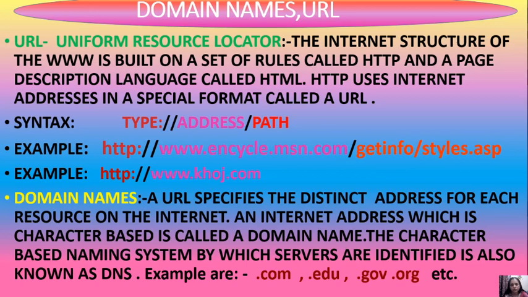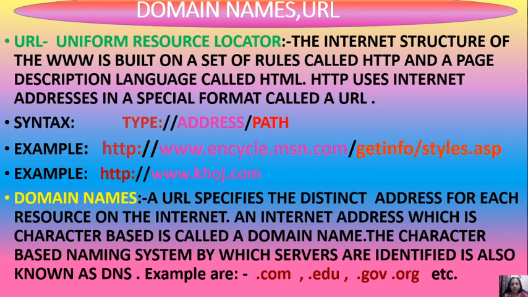We know about HTTP and HTML. And HTTP uses internet addresses in a special format, and that is called URL. URL, in general, is nothing but a website address, a complete website address.